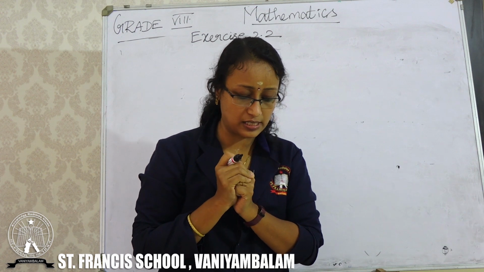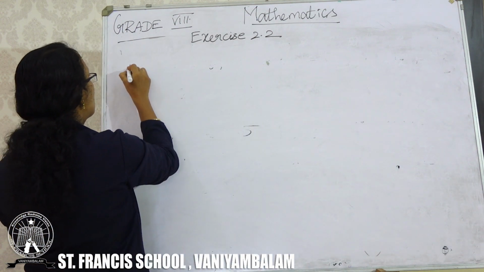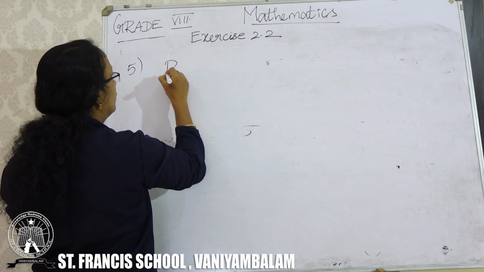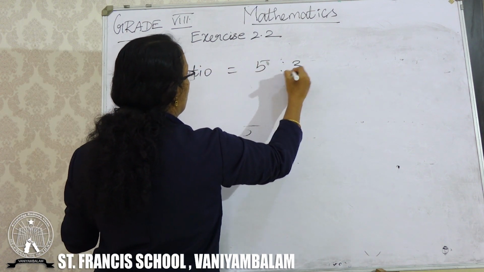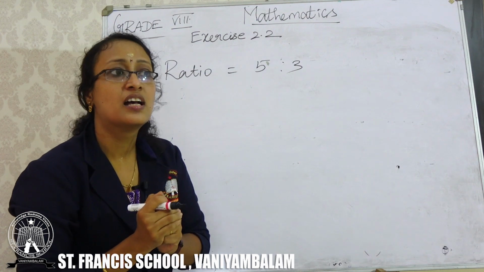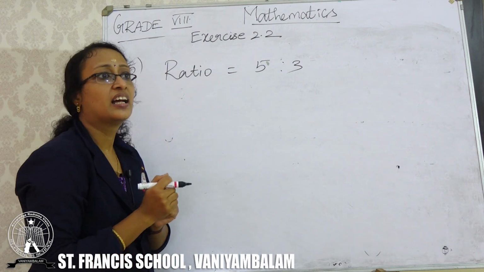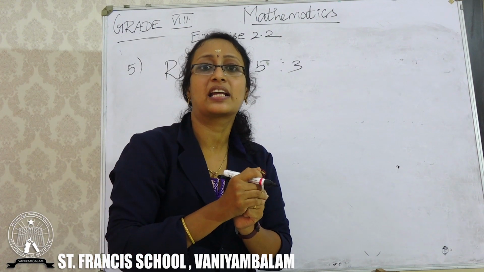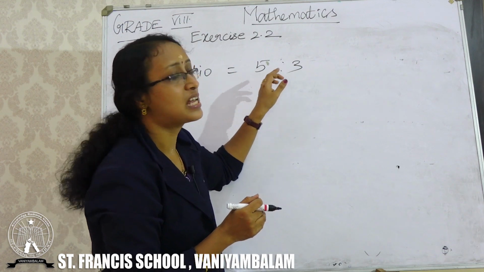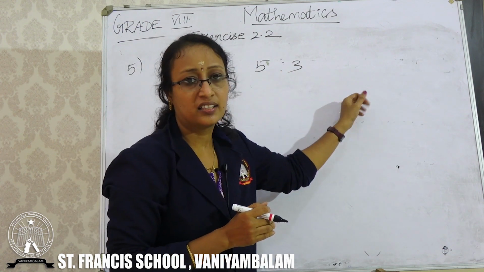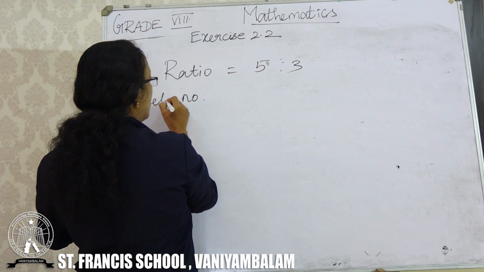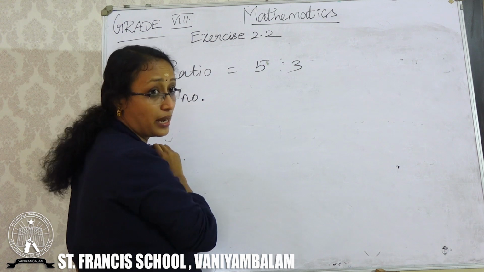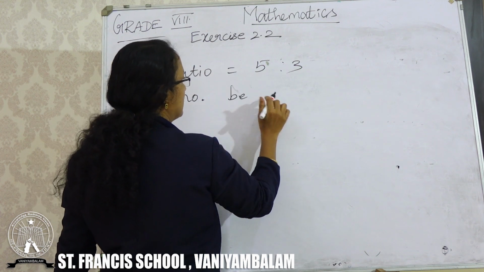The ratio is 5:3, that is, the numbers are multiples of 5 and 3. So let us take the numbers as 5x and 3x.